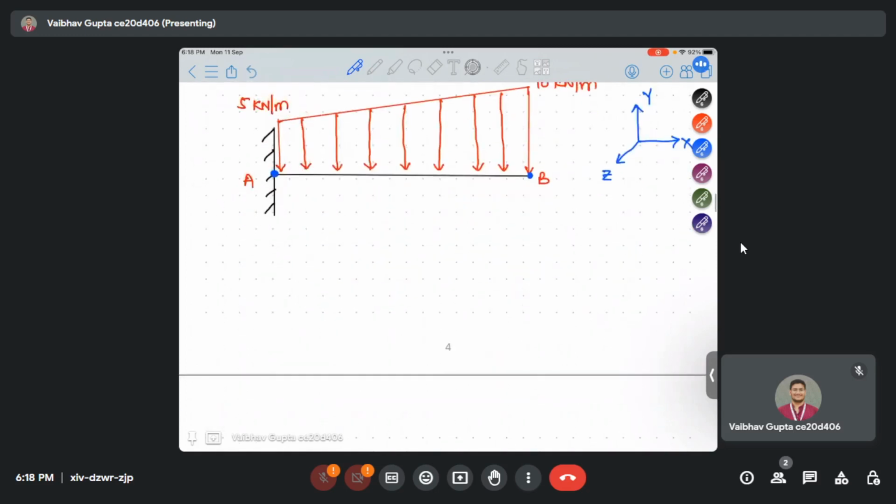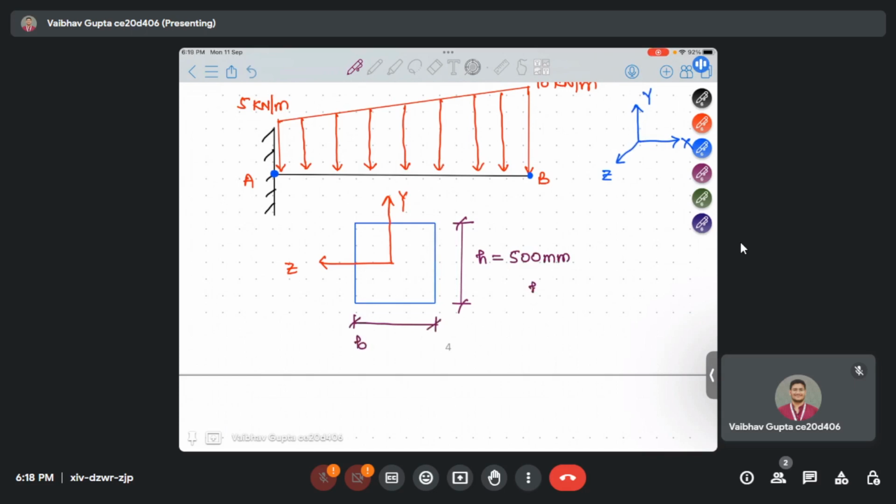Now the cross section has been given to us also. It's a rectangular cross section, with coordinate axes y and z. The dimension h is given as 500 mm in the question, and this is b.